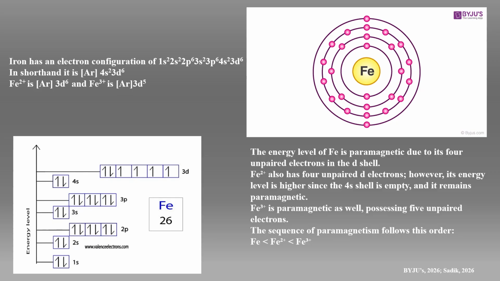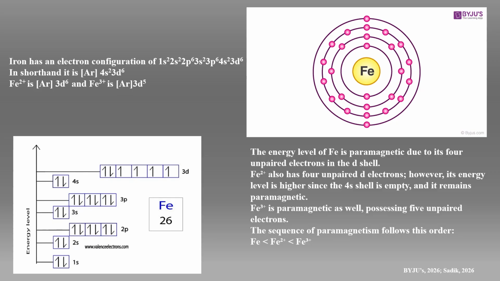For the ferrous ion, or Fe2+, the electron configuration is [Ar] 3d6, and for ferric iron, which is the 3+ iron, it is [Ar] 3d5. This occurred because it has been oxidized and lost electrons.